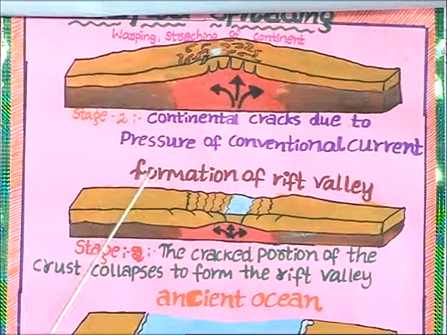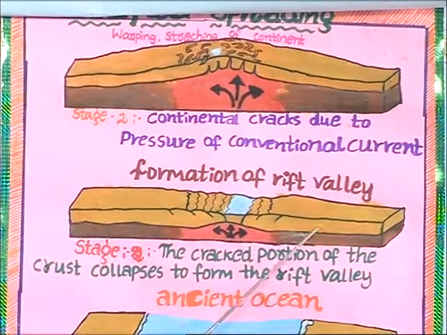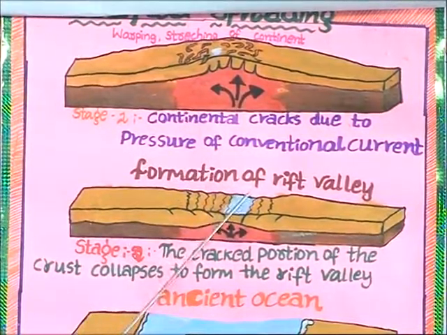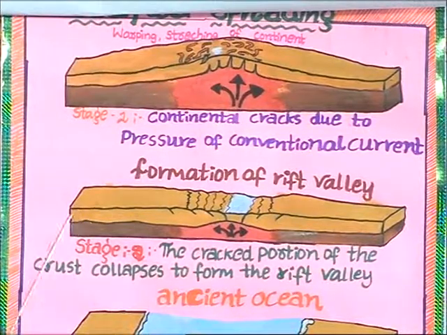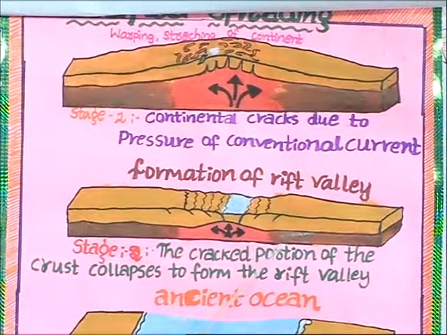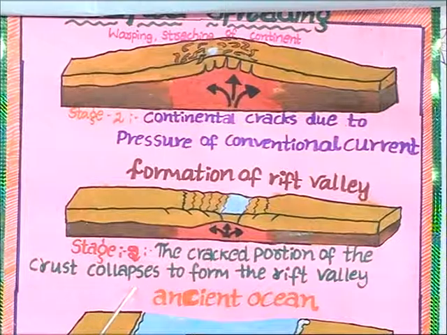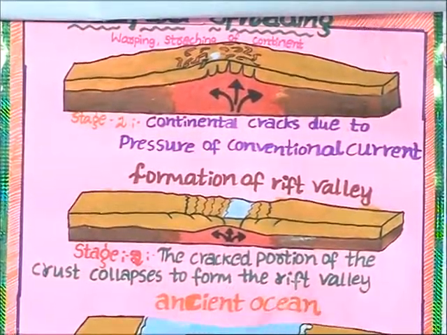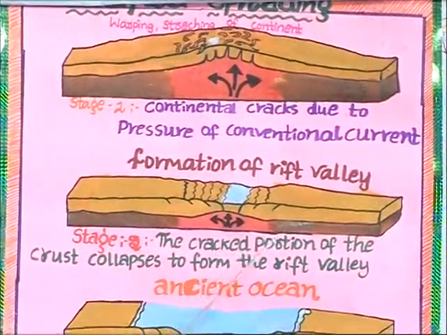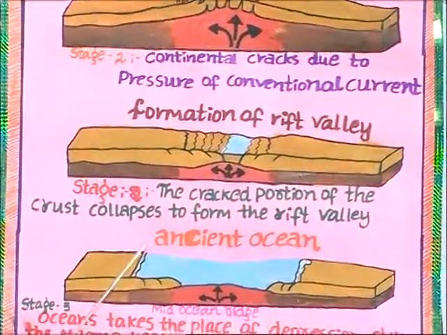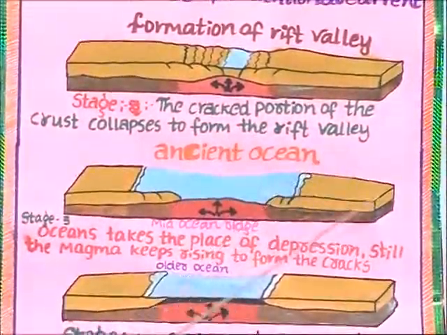The second one is the formation of the rift valley. Tell me friends, formation of the rift valley. The second stage is that the cracked portion of the crust collapses to form a rift valley.